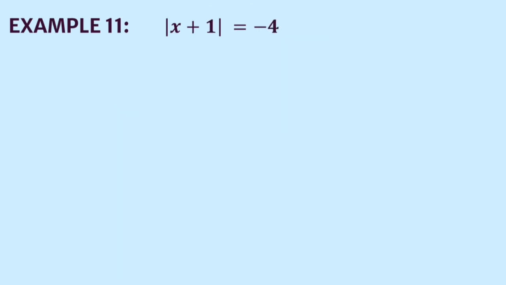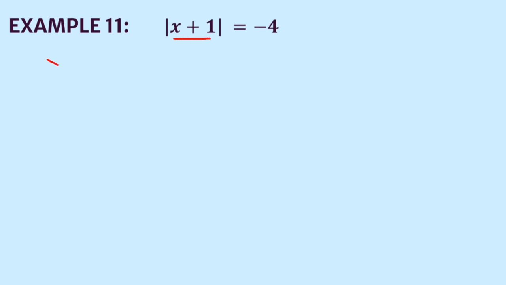So let's have another example. And I think this is the last example. Now, for the first step, we have to follow the two statements. So for the first statement, we have to take out the expression inside the absolute value notation.